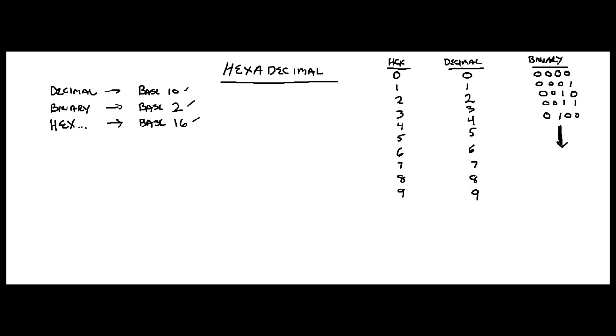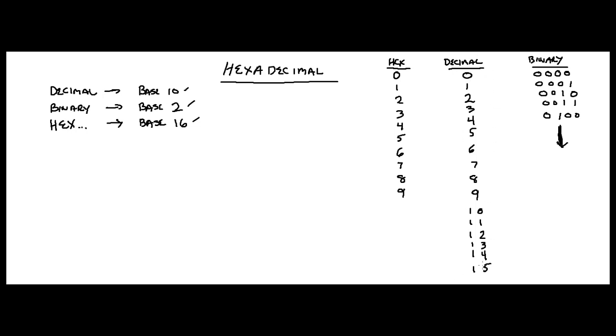So if we're in the decimal numbering system, we start a new placeholder, right? So then we go to 10, 11, 12, 13, 14, 15. Got it? There are 16 numbers here, 0 through 15.